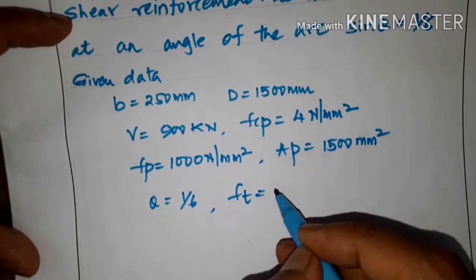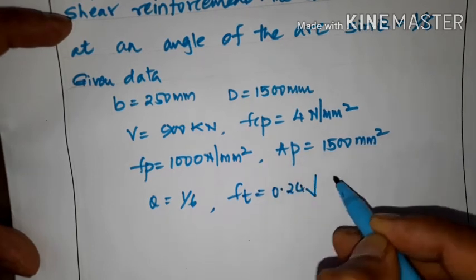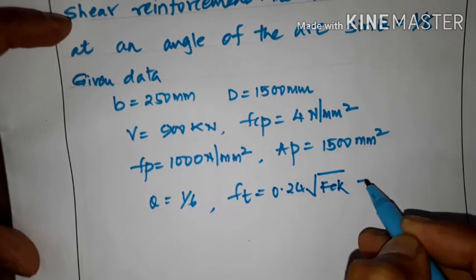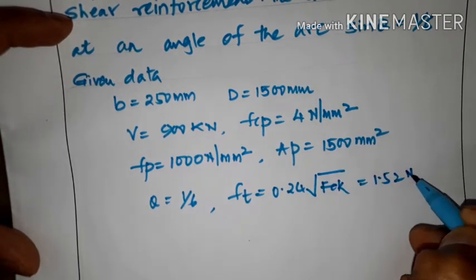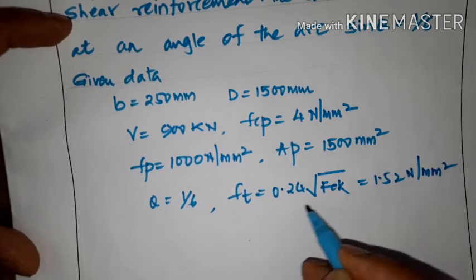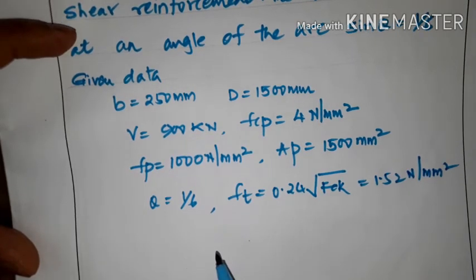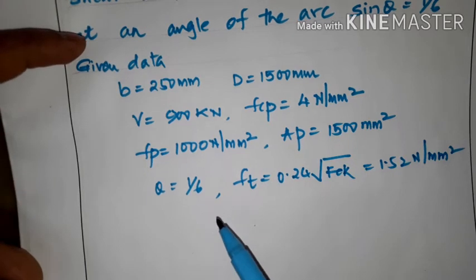So that is 0.24 square root of FCK, so that is 1.52 Newton per mm square. If it is not mentioned, you can calculate by using the formula, that is 0.24 square root of FCK.